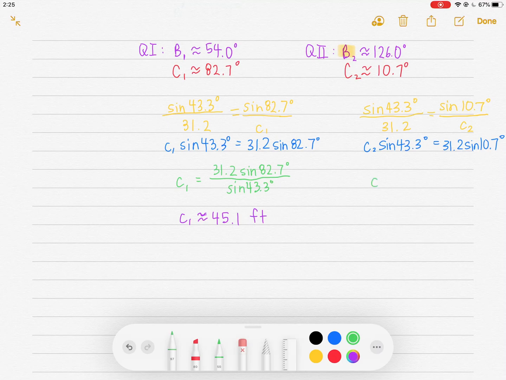Little c2 is equal to 31.2 sine of 10.7 degrees divided by sine of 43.3 degrees. And then we put that in our calculator to get that little c2 is approximately 8.4 feet.